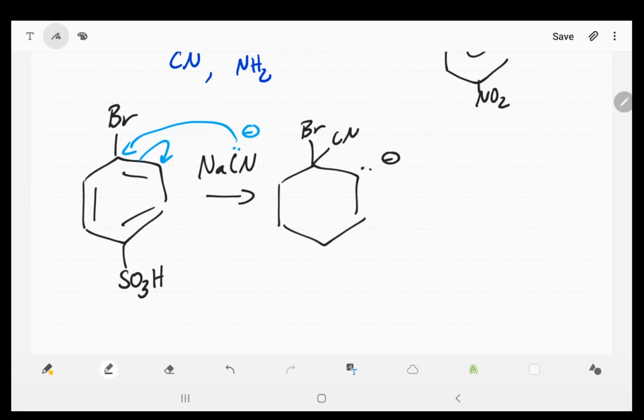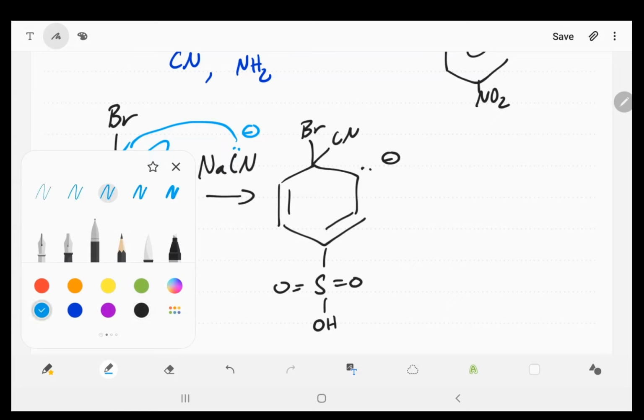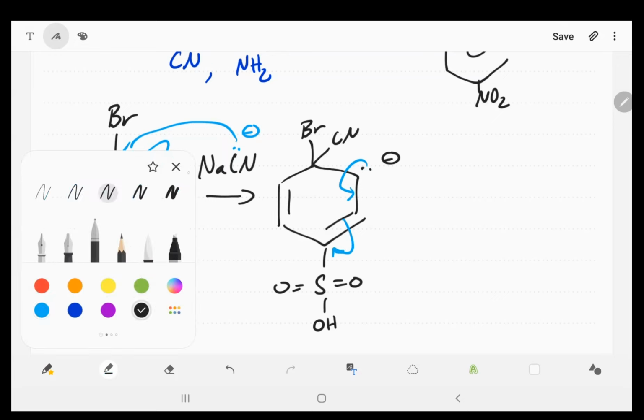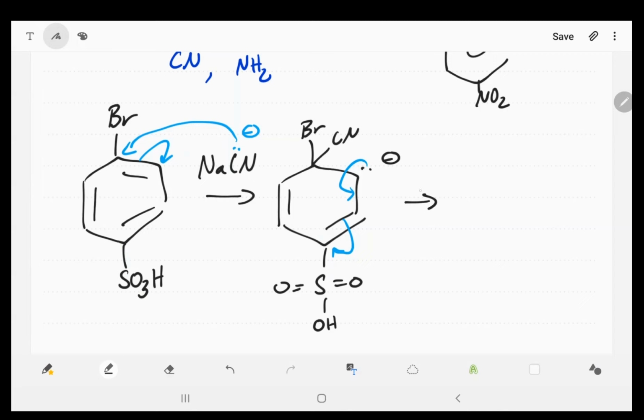Now we can have resonance. Technically, all this can resonate. Can go here, and now we go here. And we can resonate onto the 3 positions on the benzene. So now we'll have our lone pair here.